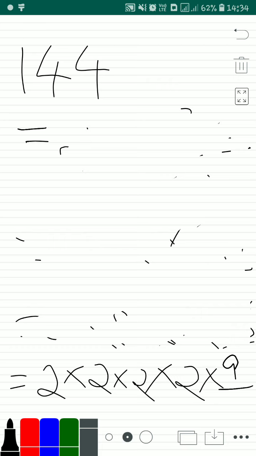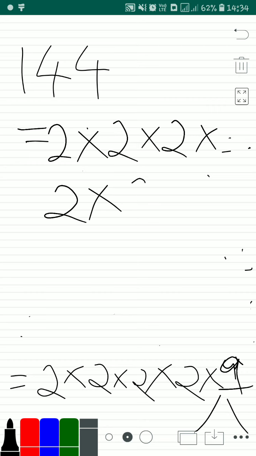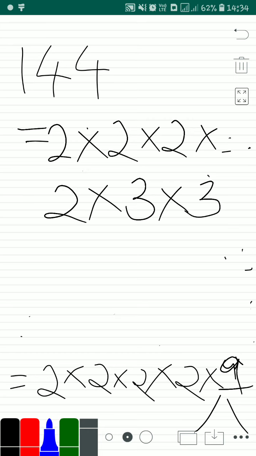Now 9 is not an even number, so it cannot be split by 2. So what can we do in such a case? We have to shift to the next prime number, that is 3. So let the other 2's be as they are, and split 9, that is 3 into 3. Now you have to take pairs.